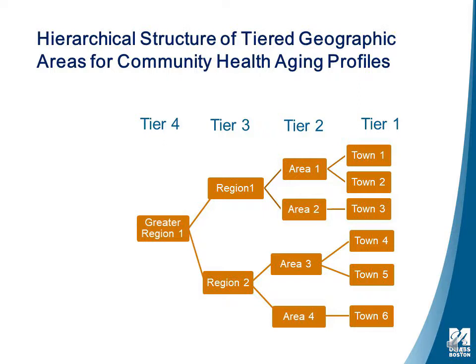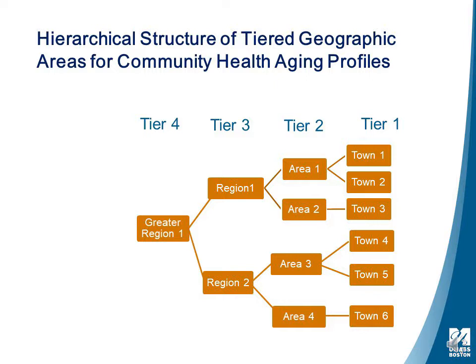Tier 2 is the next level of the hierarchy. It's the first higher tier. It's made up of 4 areas, area 1 through 4. The nesting is evident by noticing that area 1 of tier 2 is made up of town 1 and town 2.